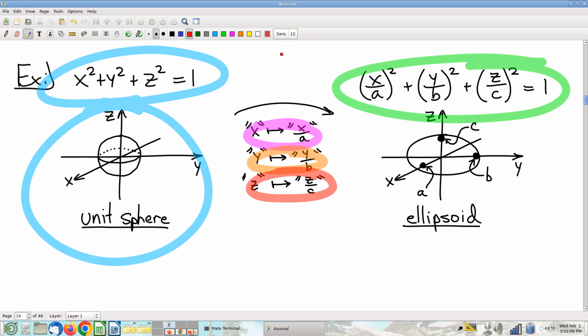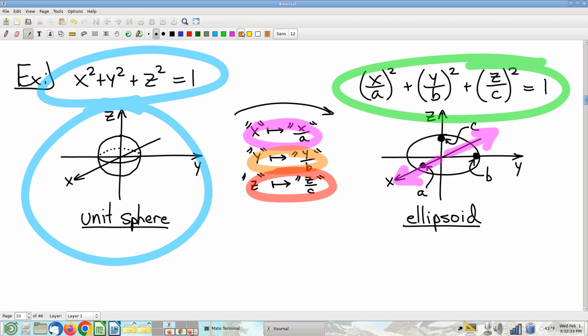And what does that mean about the surface? Well, all of these sort of exact opposite things are going to happen, right? So in particular, here you might want to say we divided by a on the x variable. So that's going to then geometrically do the opposite and stretch by a factor of a in the x direction.